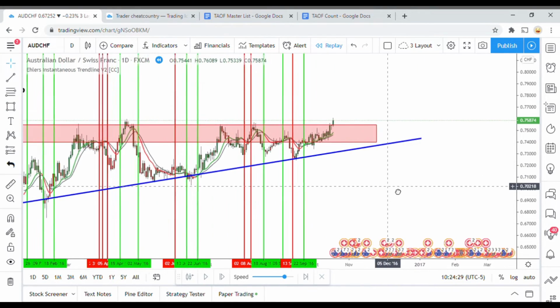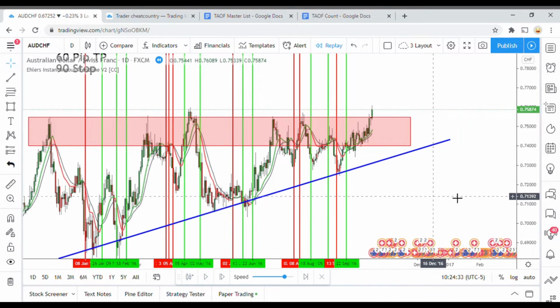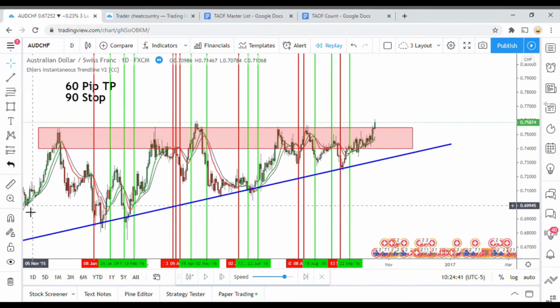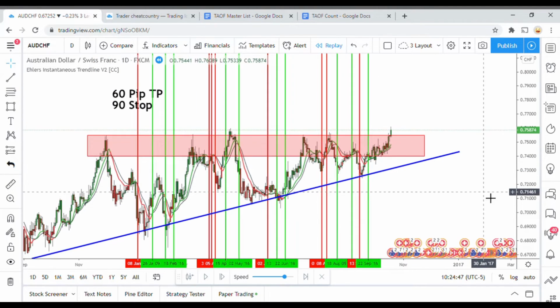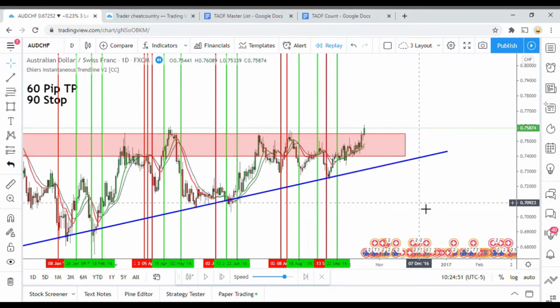Now, again, there's no guarantee that that's what's going to happen, but this is how you would look at price action, identify zones, areas of support and resistance, whether it be on an angle or just straight across, and then you just keep an eye on it to see what is going on with price action as it gets into these areas.